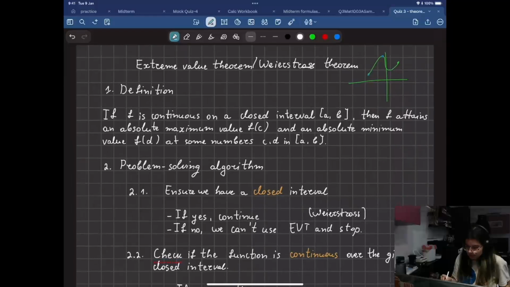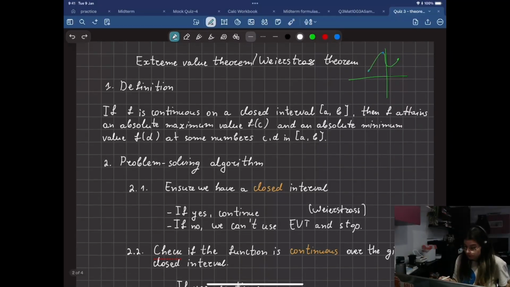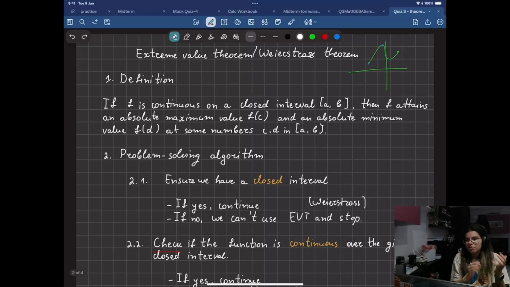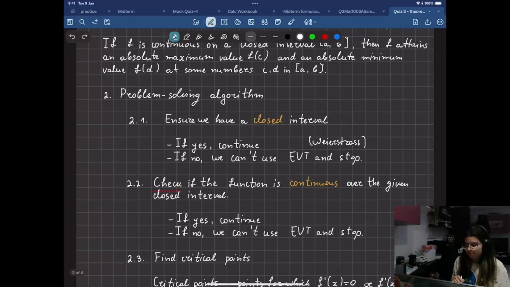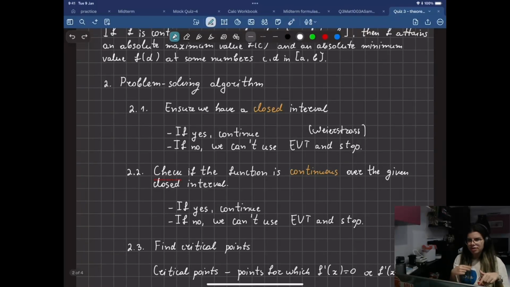If the function is continuous over the interval, and it has to be a closed interval, right? That's one of the important things. Then it is going to have a maximum and a minimum, and then we can find them. So how do we find them is the next question. There's a couple steps, and I advise you to go through this process multiple times in order to get used to it.